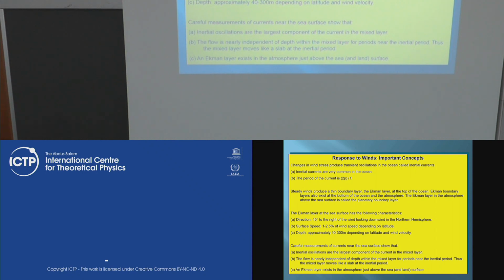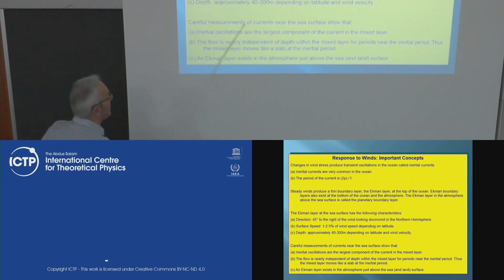So 10 to 20 centimeters per second is the wind-induced surface speed in the ocean. And the depth of the Ekman layer is 40 to 300 meters, depending obviously on latitude and wind velocity. We'll see how it depends on latitude and wind velocity.